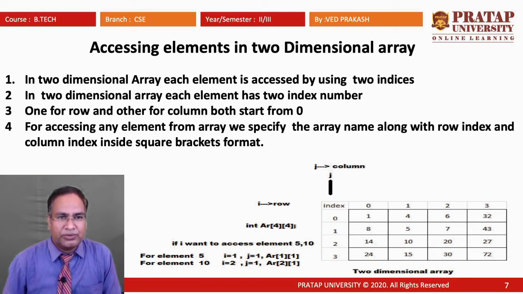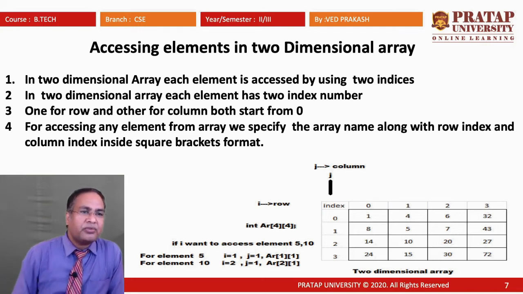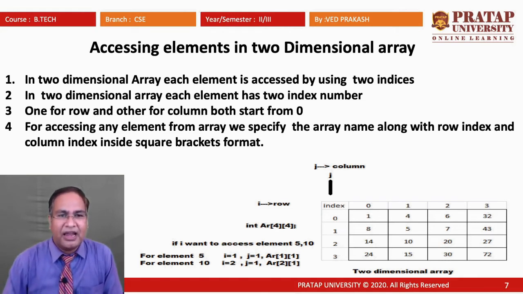Each element has two index numbers, one for row and the other for column, and each starts from 0. For accessing any element from the array, we specify the array name along with the row index and column index inside square brackets. For example, we see here.